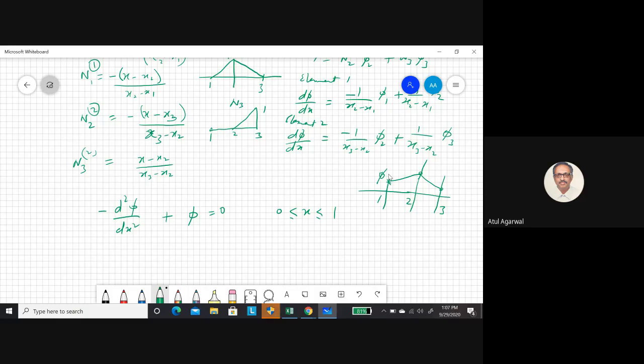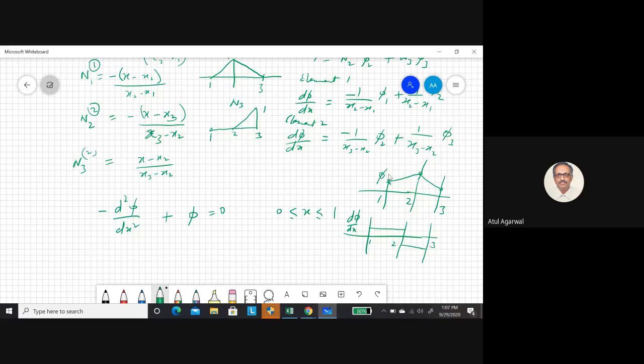You see, a piecewise linear function can be given like this. Now, what is the slope if you want to plot the first derivative? In this region, this value is some constant value like this. In this region, it is some negative value. Slope is positive, slope is negative. So you got your value of first derivative. You see, first derivative is discontinuous here.